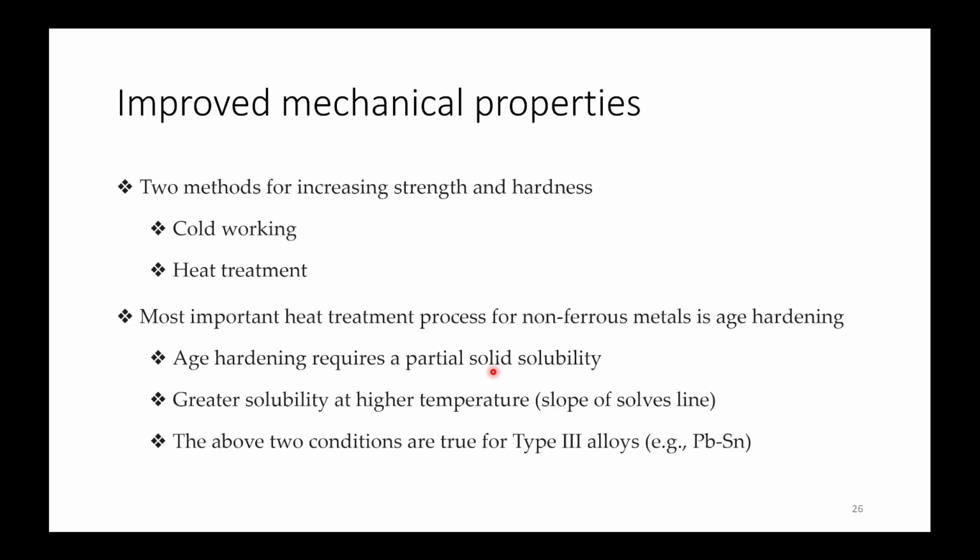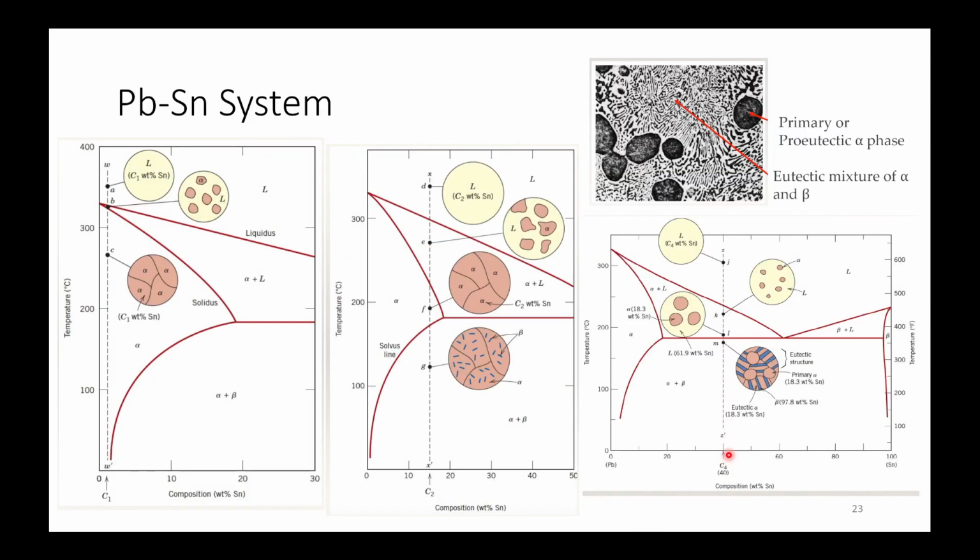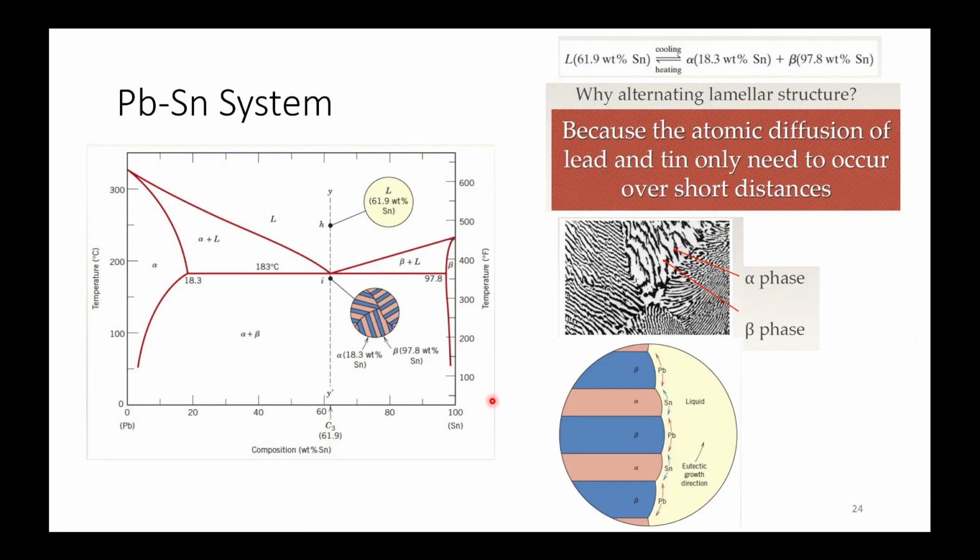Greater the solubility at higher temperature, the greater the slope of the solvus line, and the above two conditions are true for type 3 alloys, which is lead tin alloys. So as I told earlier, in this type of composition you will be seeing formation of beta, which is forming as precipitation. So this will be showing you age hardening.